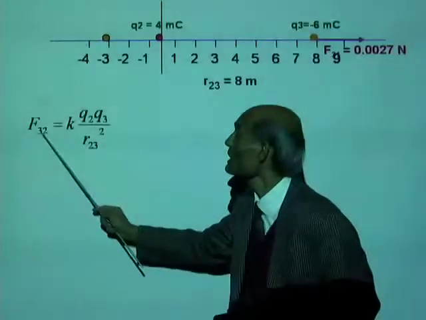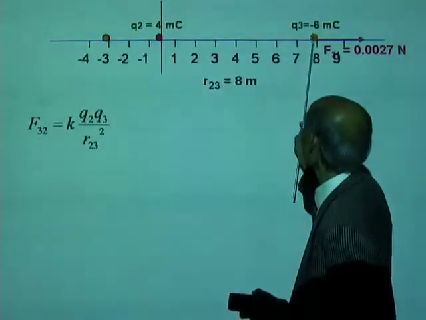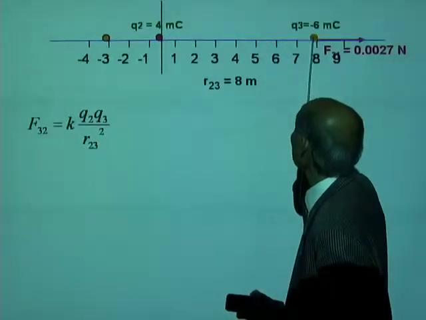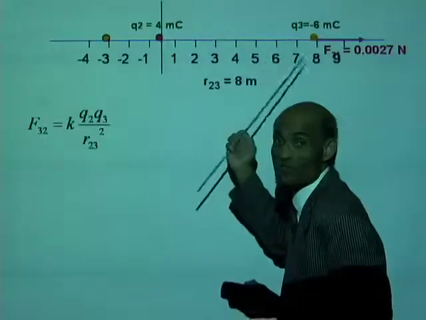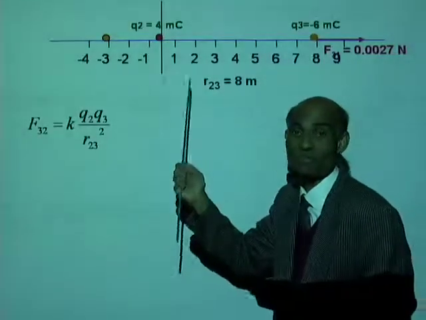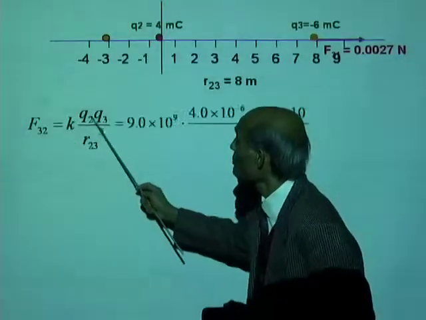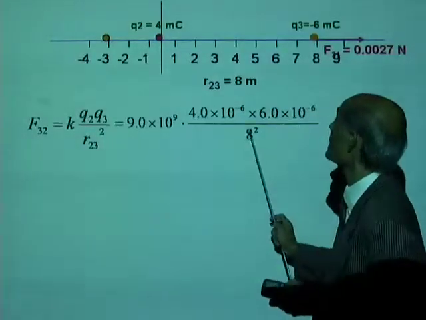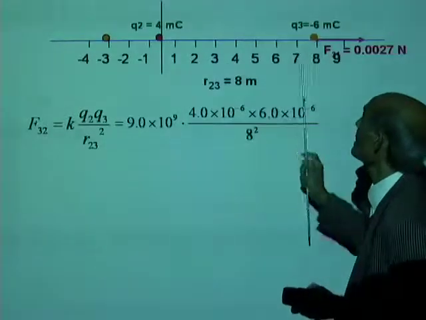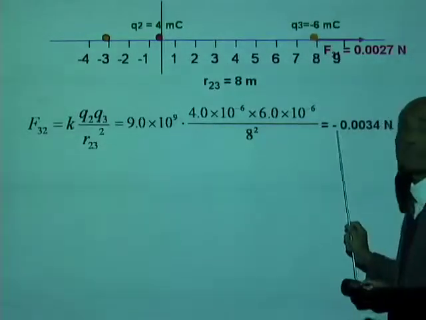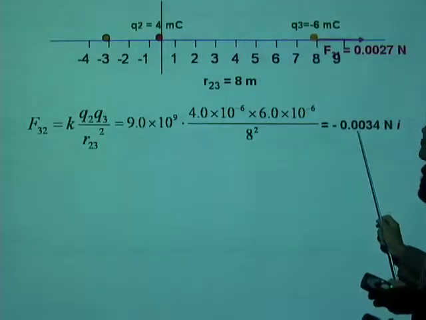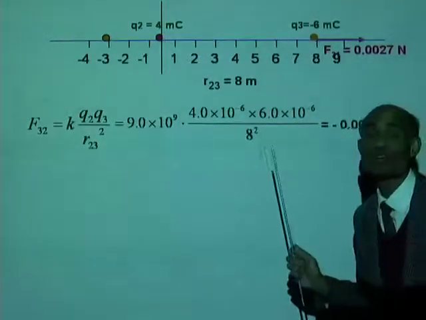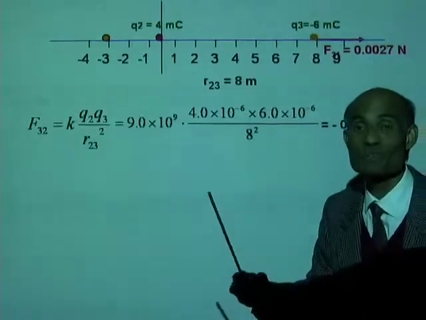How about F32? Force on Q3 by Q2. Force on a negative charge by a positive charge is an attractive force. Now, using the values of K, Q2 and Q3, and of course the distance between them, we get that force as negative 0.0034 Newton I. How do I know this is a negative x force?